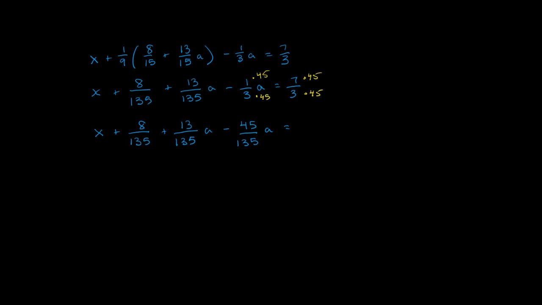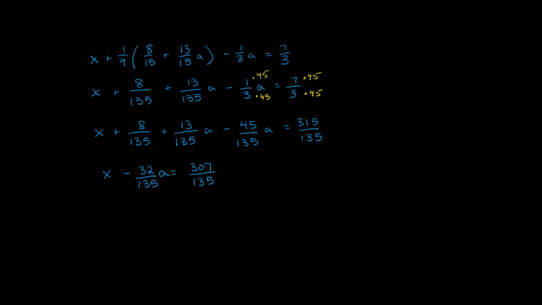equals 315 over 135. Okay, so on my left side, I'm going to combine my a terms. It gives me minus 32 over 135a. And on the right, I'm going to take that 315 over 135 and subtract the 8. Give me 307 over 135.